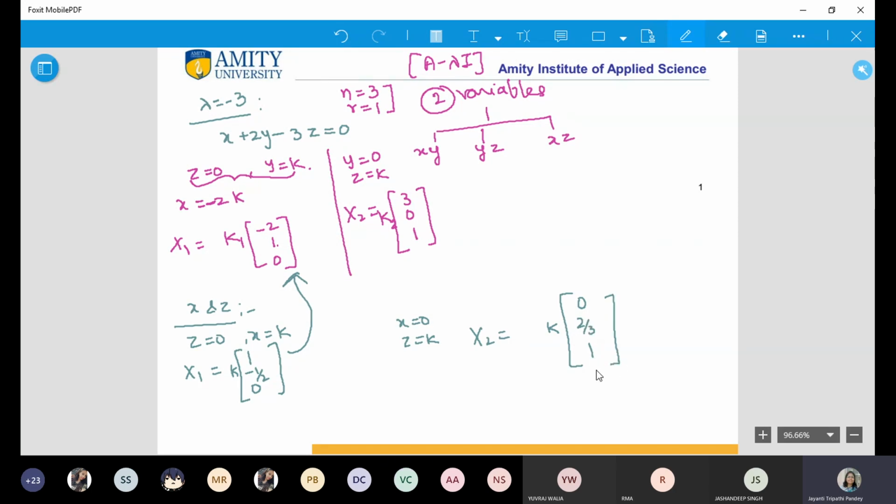Now, if you multiply this whole thing by 3, you will get 3, 2, 0. So it doesn't matter what vector you are getting, you will get different vectors. But when you try and find this out, it will be same for all. Are you getting my point or not?